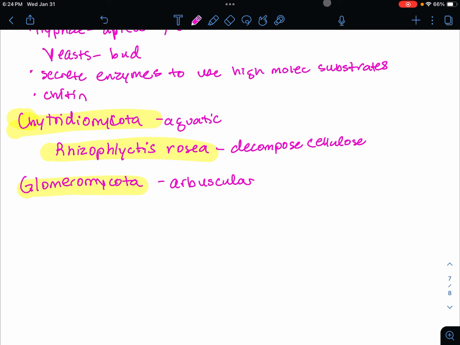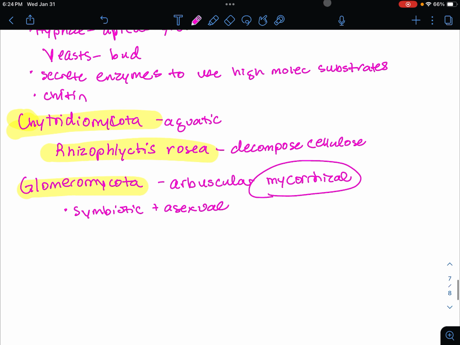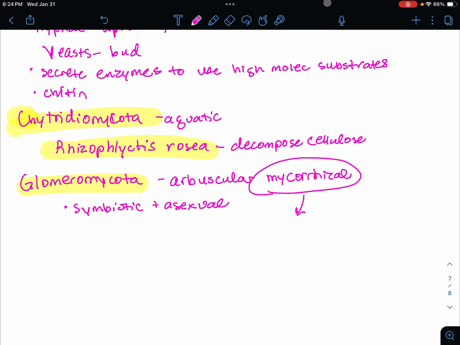They're symbiotic and asexual. Mycorrhiza, this is going to be a reference to their association with mycelium and the root of a plant working together.